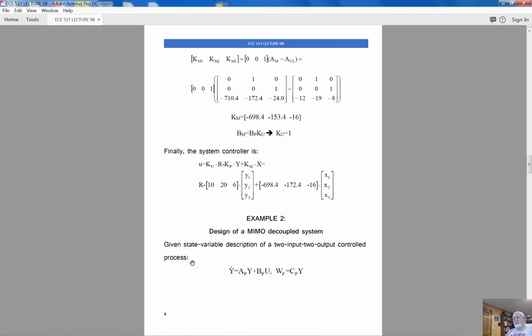First of all, take a look at the state variable description of a 2-input, 2-output controlled process.